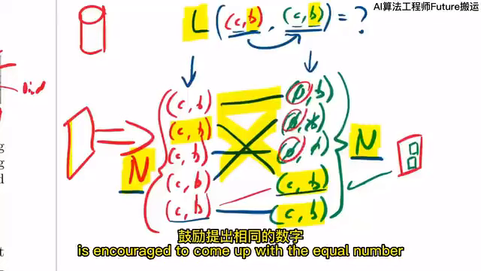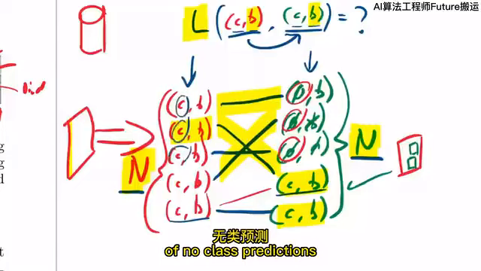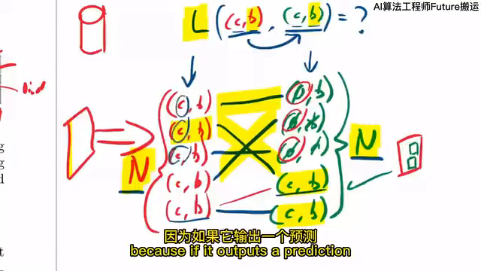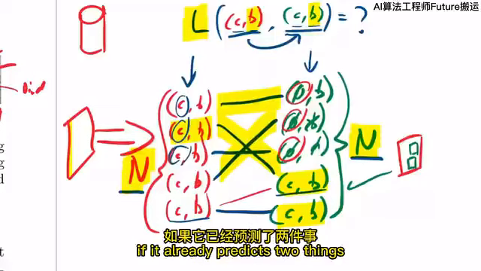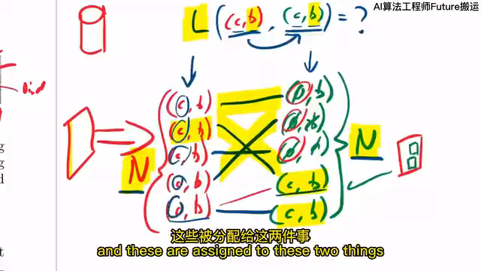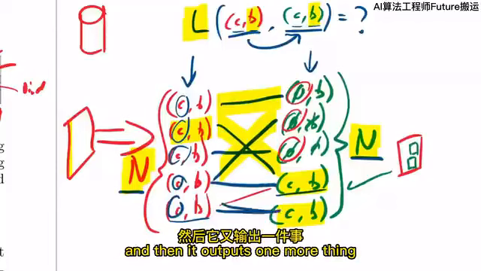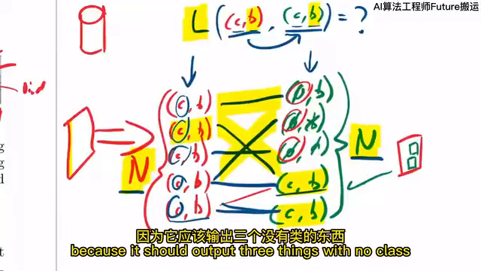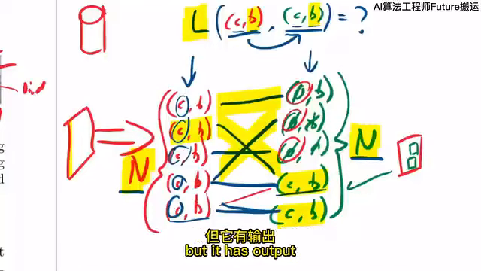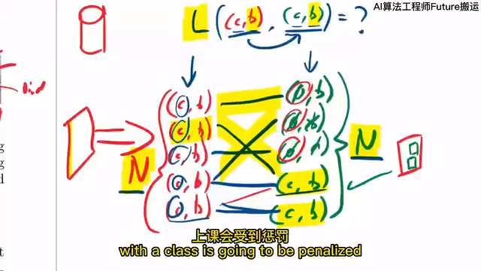And then the model, of course, is encouraged to come up with the equal number of no-class predictions, because if it outputs a prediction when it shouldn't, say it already predicts two things and these are assigned to these two things, and then it outputs one more thing, it is going to be penalized, because it should output three things with no class, but it has output one too many with a class.